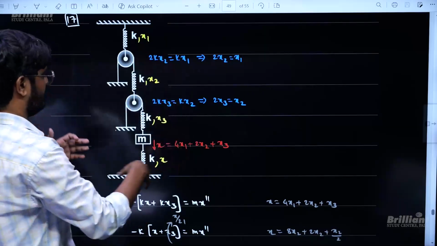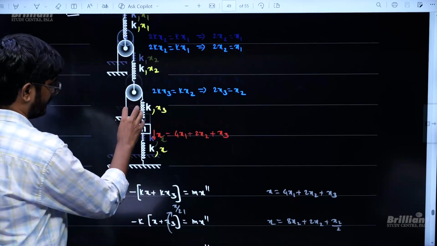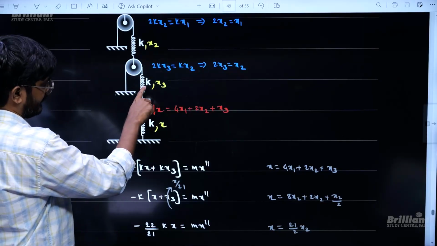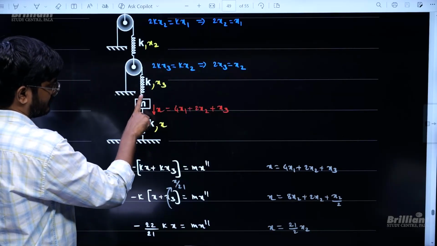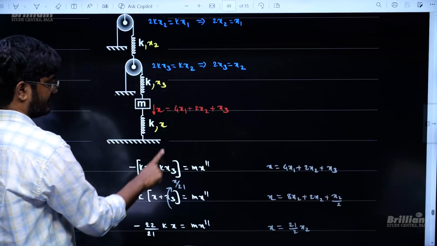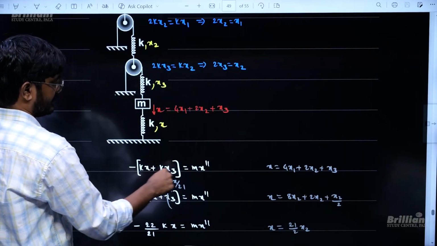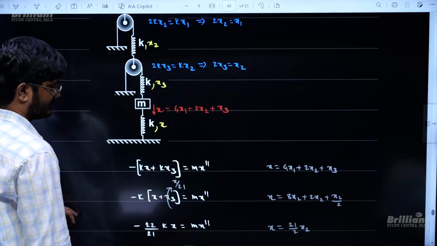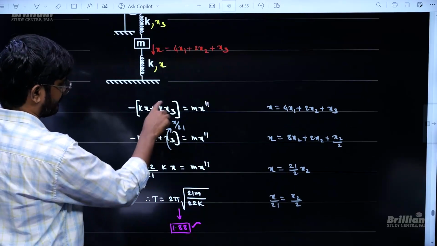Anyway, those are all secondary things. We will be writing F equals to ma for this guy. The force when it goes down, the immediate contacts for this. So, this is going to pull it kx3, this is going to push it kx. Net force equals mass times acceleration. Acceleration is double differentiation of his displacement. Now we need to write x3 as a function of x.